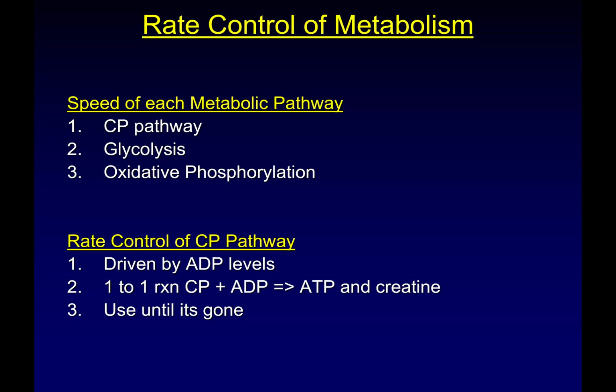Energy demand is low. And even though Krebs and ETC are slow, they provide enough ATP that we can generally meet that very low demand that we have at rest almost exclusively with aerobic metabolism. Okay? So that's our starting point.